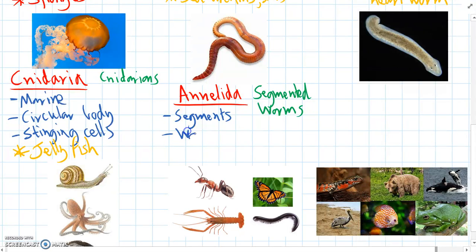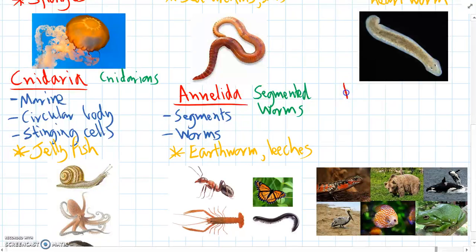And all these animals have worm-like bodies as well. This is the common group that has earthworms, which we know. And leeches too come in this phylum.